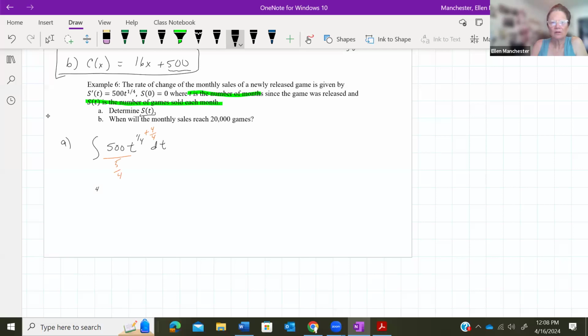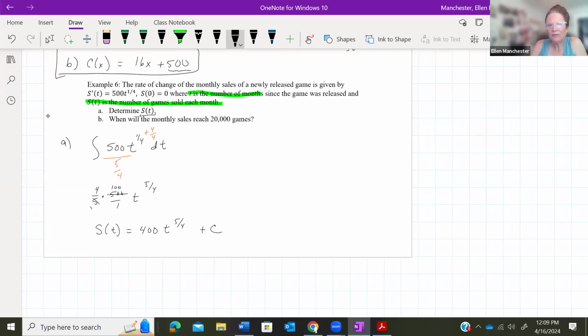So I end up with 4/5 times 500 over 1 t to the 5/4. I can cross cancel here. 5 goes into itself once, 5 goes into 500 100 times. Any top with any bottom I can divide, and then I multiply straight across. So my sales is 400 t to the 5/4 plus c.